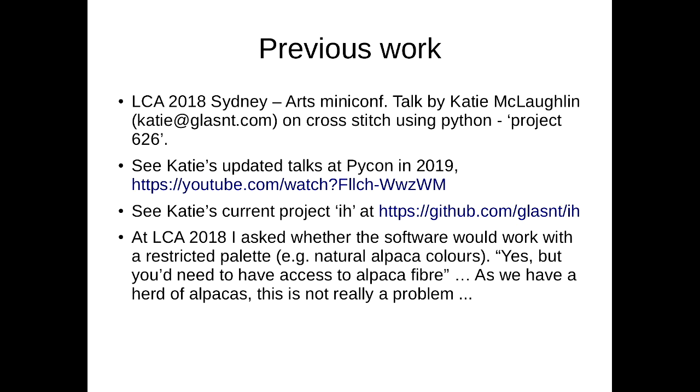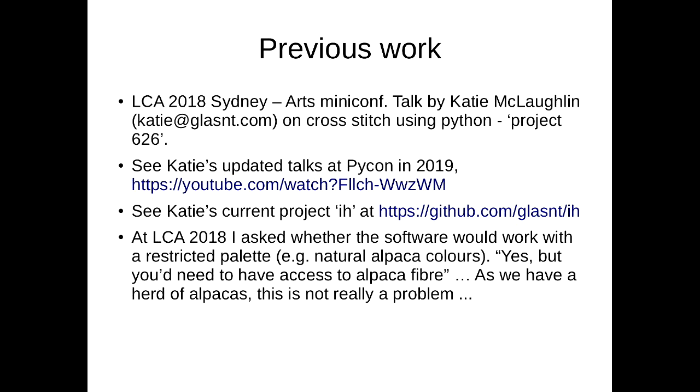If you went to the LCA in Sydney, the Arts Mini Conference, Katie McLaughlin gave a great talk on cross-stitch using Python, project 626. I would strongly suggest, if you're interested, to have a look at her updated talks that she gave at PyCon, which unfortunately I missed seeing last year.